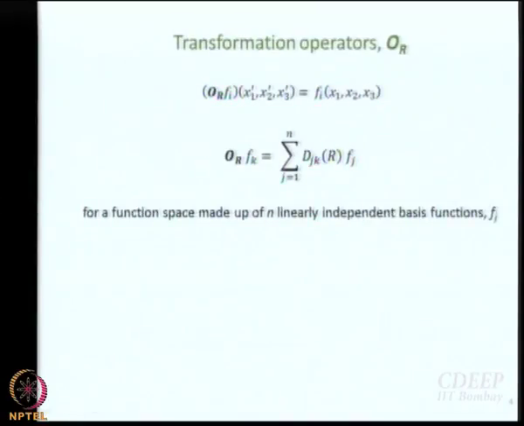That is the matrix element of the transformation matrix corresponding to operation R. What is D(R)? How did we define D(R)? D(R) was the transformation matrix that you worked out earlier for the symmetry operations. Okay. Now see whether this makes sense. What am I doing here? If I say sum over j equal to 1 to n and then I write D_jk(R), what am I doing?